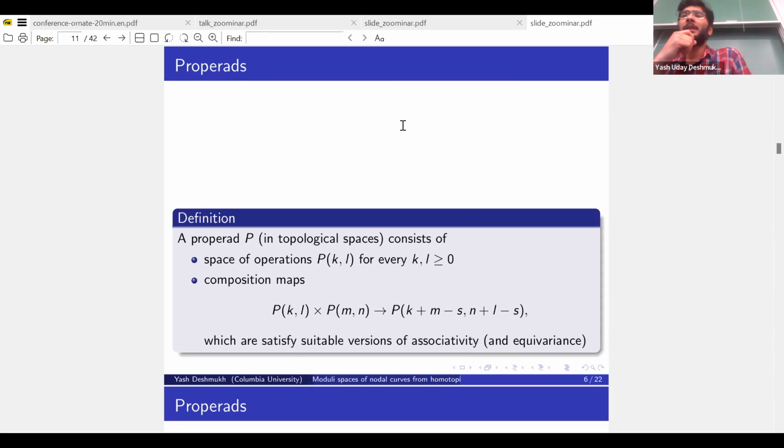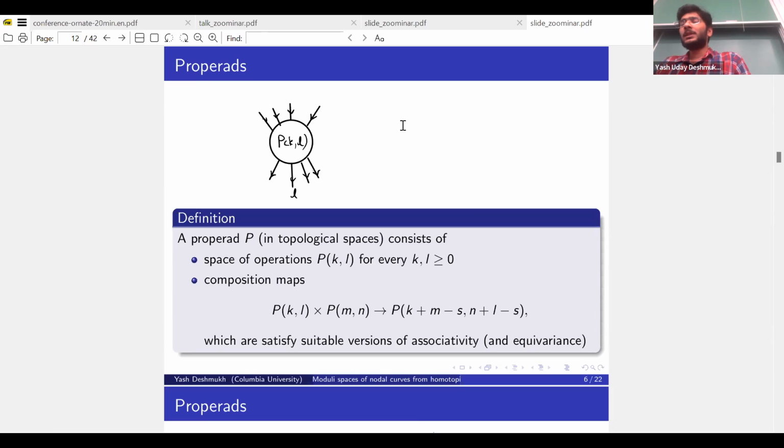By definition, a properad is going to be a collection of spaces, P(K,L), one for every pair of integers K and L. Roughly, we think of these spaces as spaces of operations which have K inputs and L outputs. Graphically, you can think of it as this kind of corolla that I have drawn here.